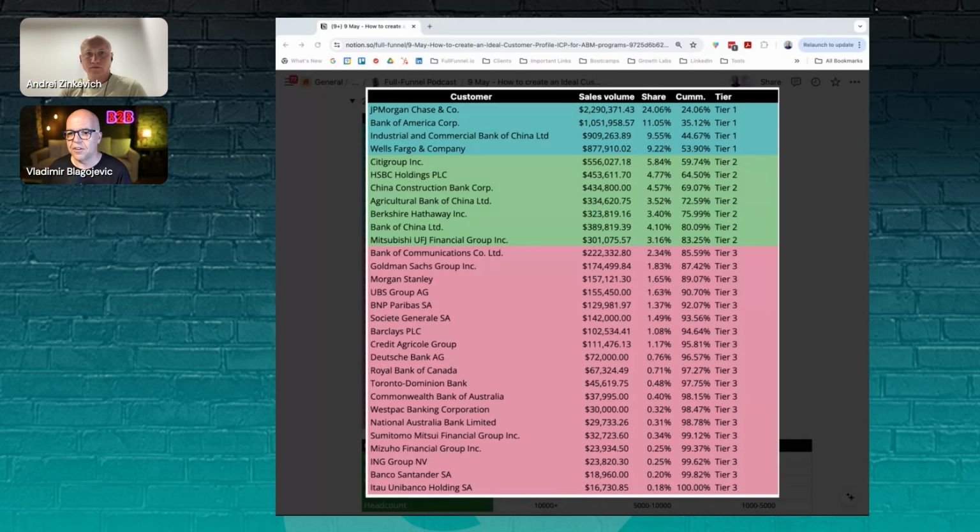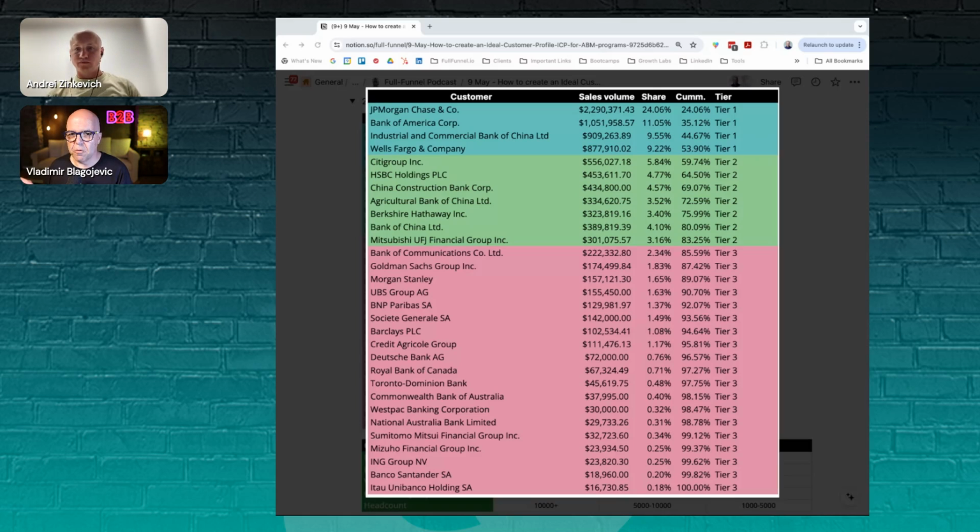And what you see here, for those who are looking, is that the top 4 accounts are categorized as tier 1. Then the next 7 accounts are categorized as tier 2. And then the rest are categorized as tier 3. And the reason why we decided to draw the lines where we drew them is that you can look at it two ways, right?